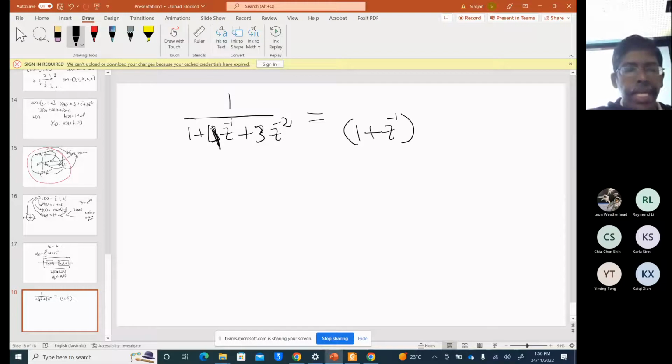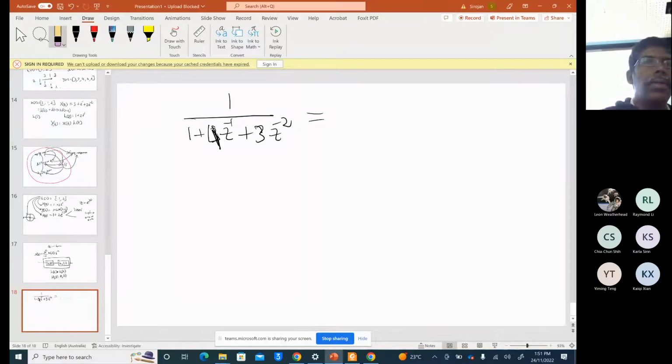So here if you write it in the Z pattern, it is z squared. Let's put it here, z minus 1.